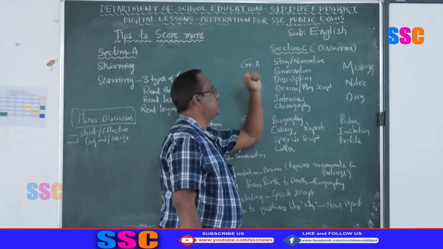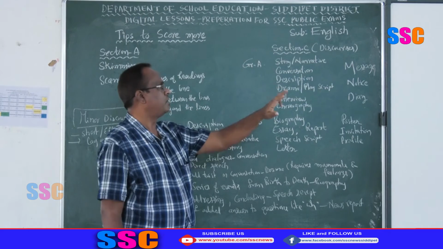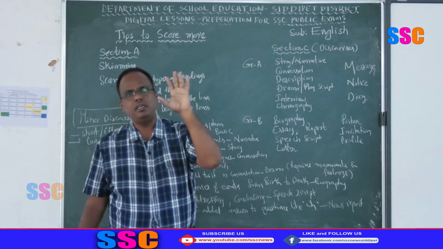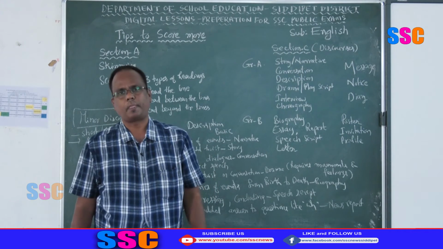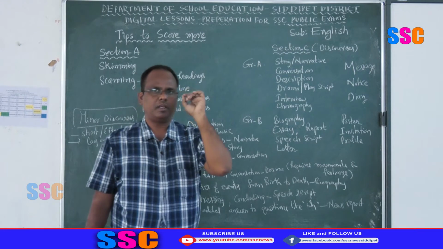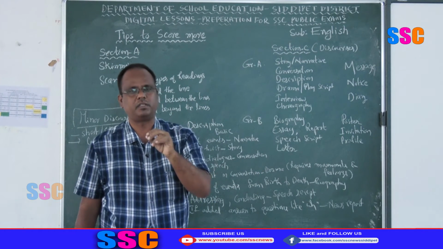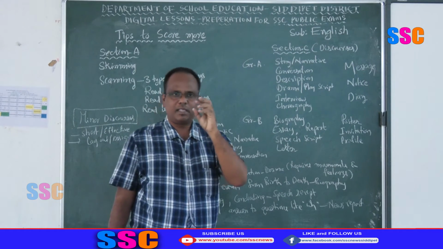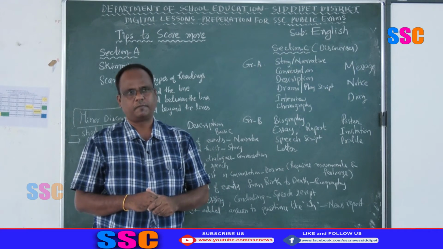Narrative, conversation, descriptive, drama, interview, choreography, message, notice and diary. These discourses are always taken from the textbook. So, at the end of every chapter, every unit, it is better to think about the possible discourses.